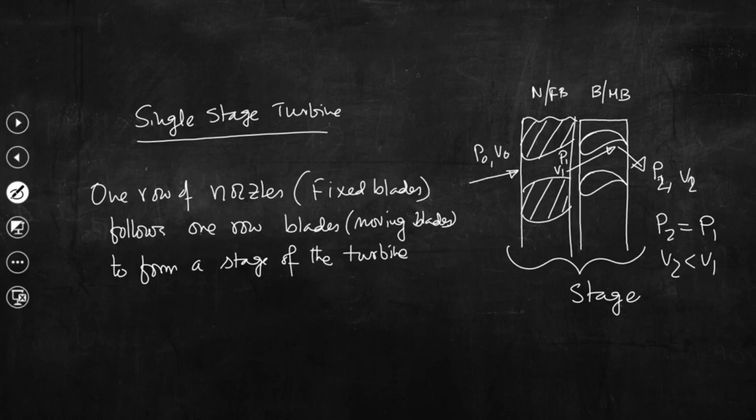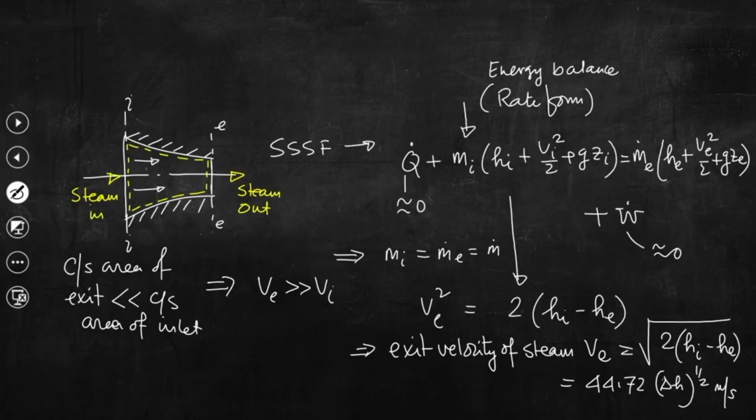So, now try to understand: if you would like to have the pressure drop from P0 to P1 or P2, and the total enthalpy drop in only a single stage of turbine, then you know that the velocity would be very high. This is the velocity of steam at the exit of the nozzle.